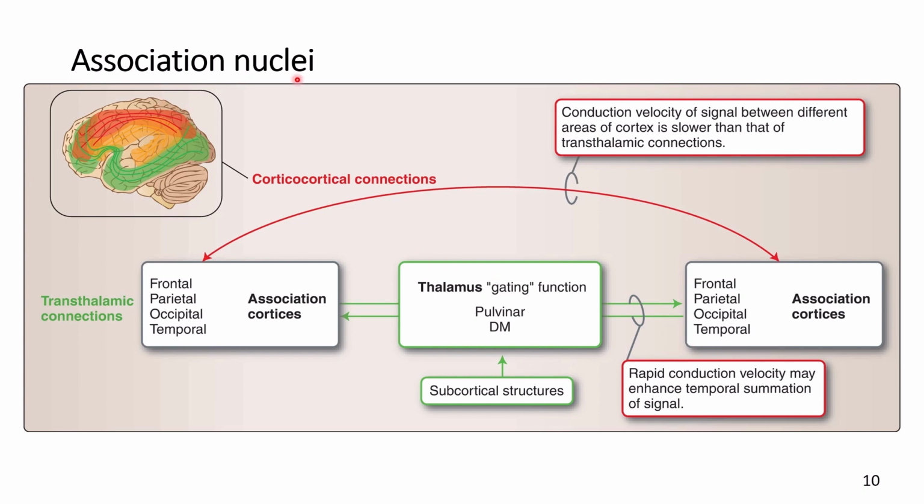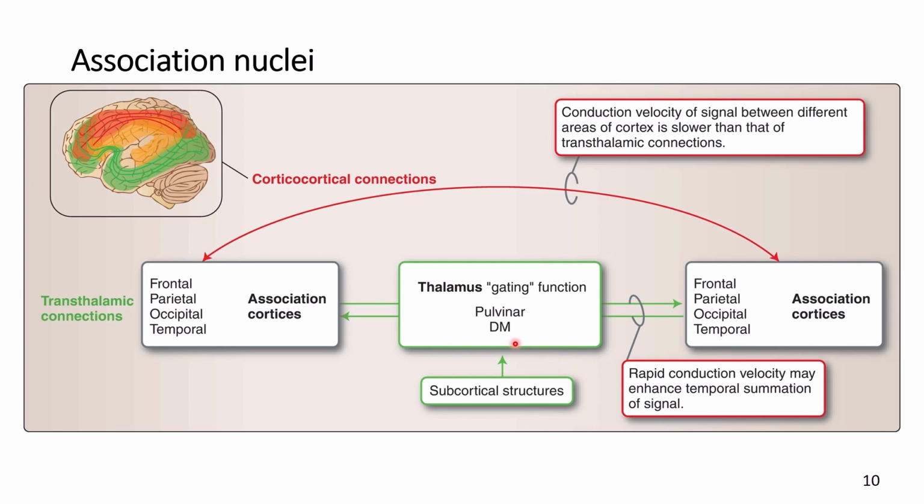So association nuclei. For association nuclei, you have the pulvinar and dorsomedial nuclei in the thalamus. The thalamus is receiving information from the basal ganglia, from the reticular formation, from brainstem nuclei, and also from other parts of the limbic system.